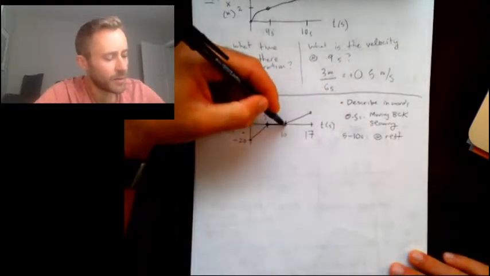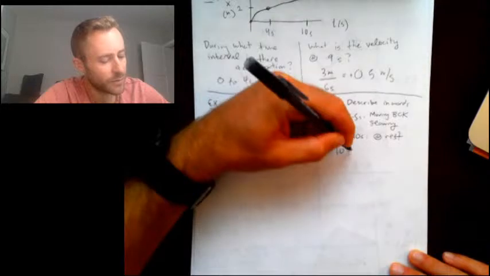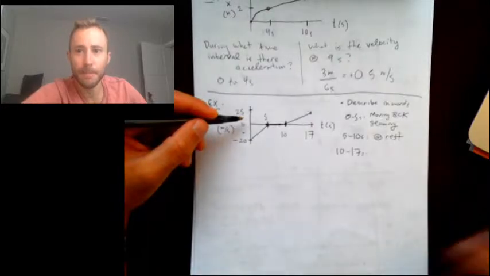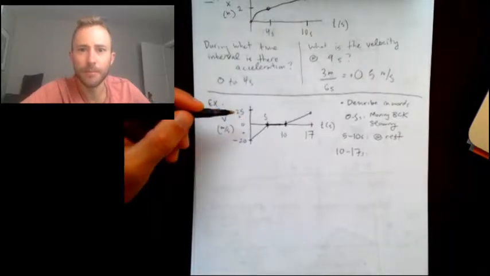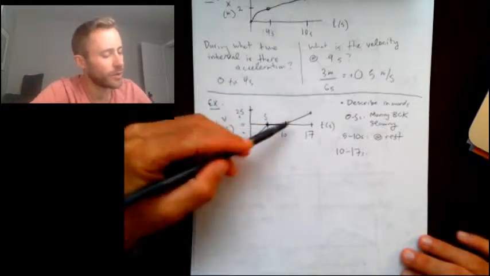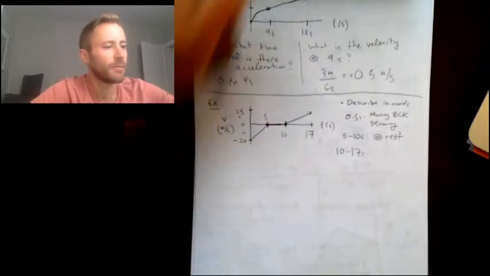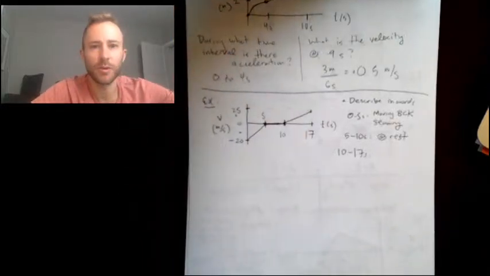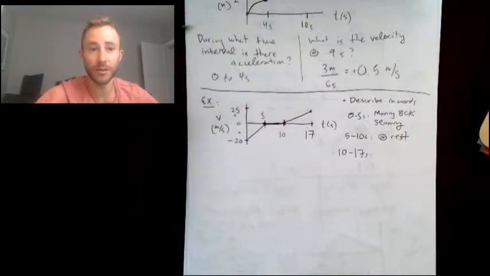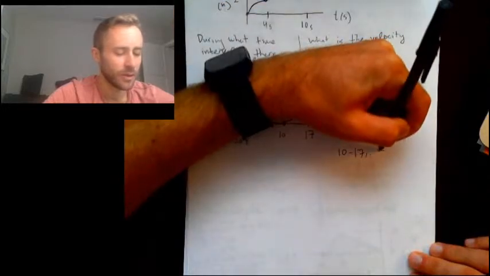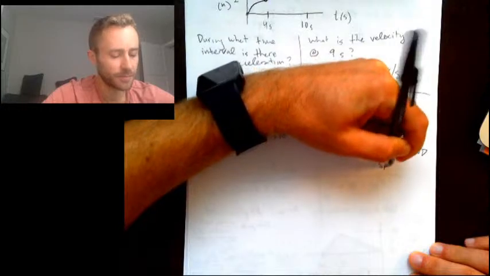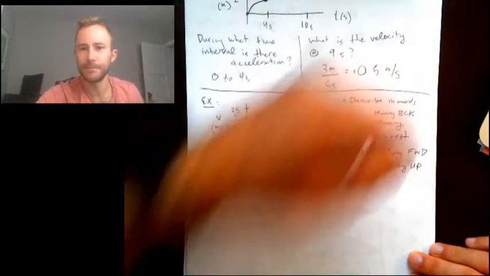And then from 10 seconds to 17 seconds, we can see that the velocity is positive, and it's going from 0 to a more positive value, so that's speeding up. So this is moving forwards and speeding up. Okay?